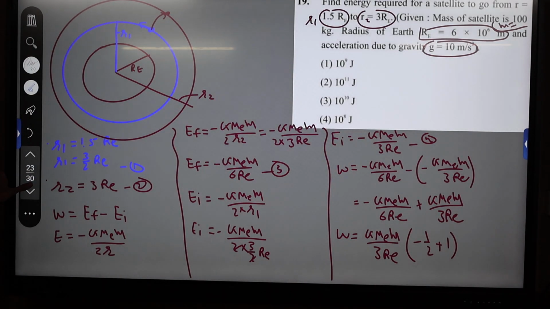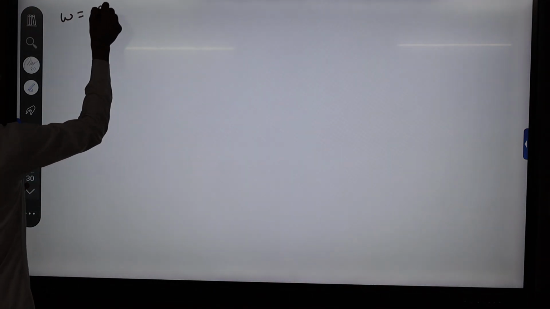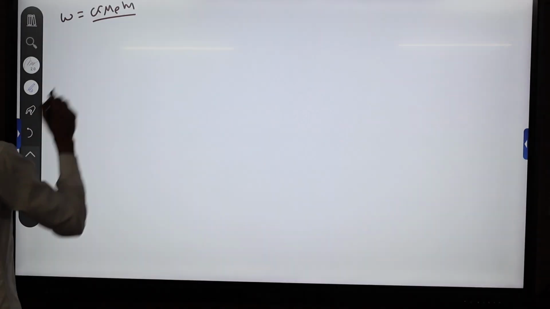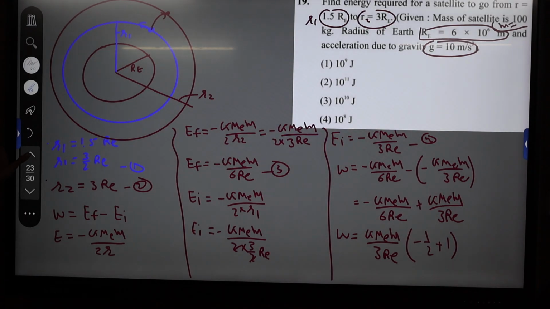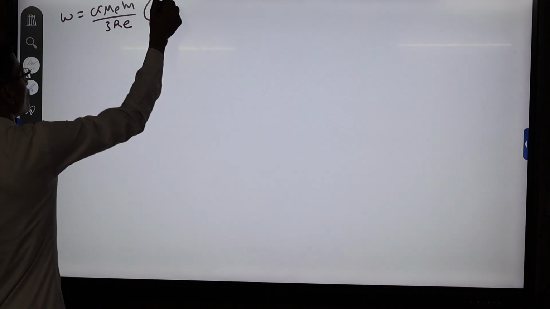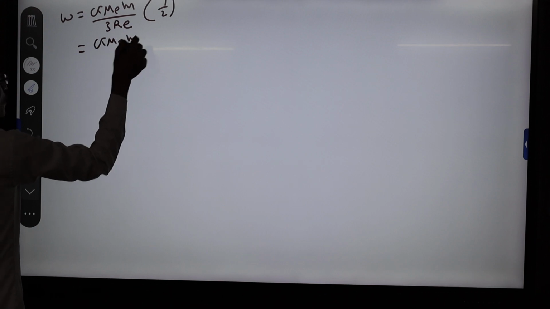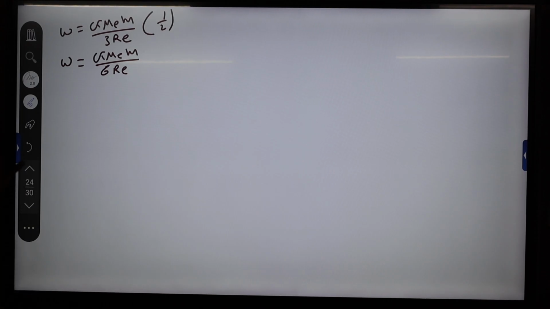Okay. So work done is equal to GMEM upon 3RE into minus 1 by 2 plus 1. So it will become 1 by 2. So GMEM upon 6RE. This is the work done.